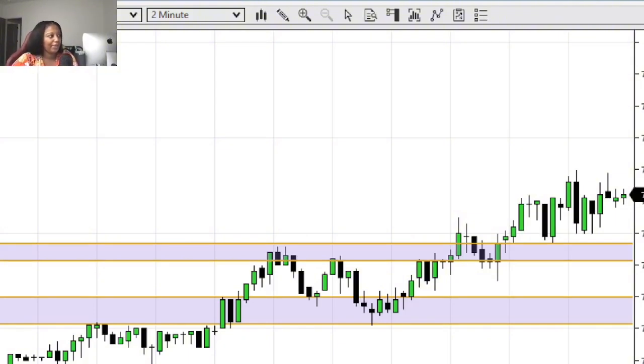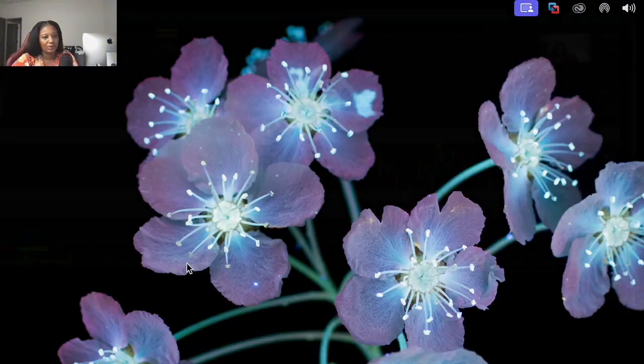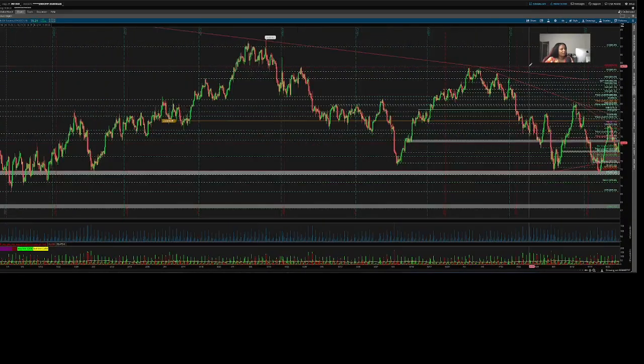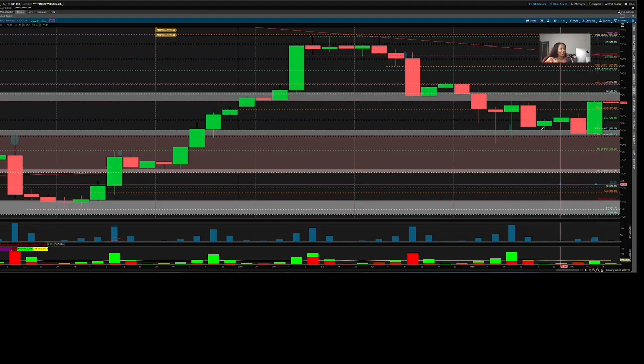It looks like we could possibly continue this move up, especially since, again, we have on the 4-hour chart, let's do that one, this beautiful engulfing candle.